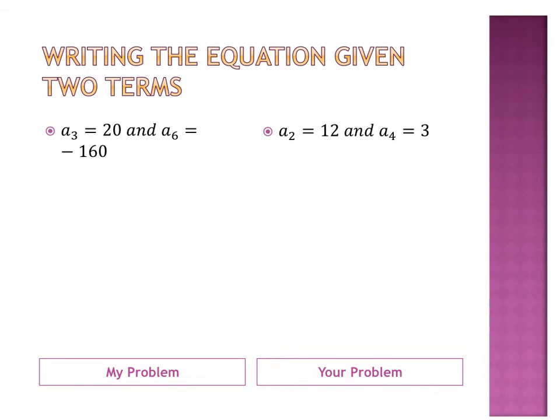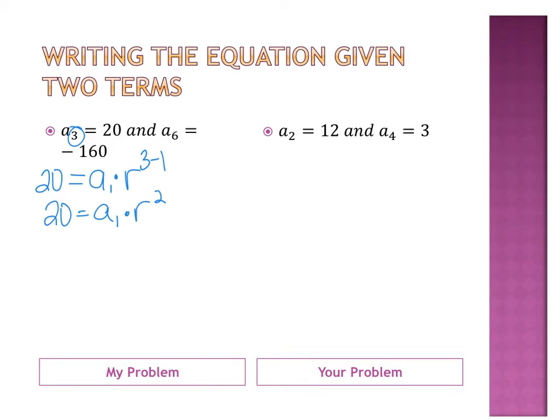Can I write my first equation? 20 equals a1 times r to the 3 minus 1, which I can simplify as 20 equals a1 times r squared. The n is the subscript when it tells you what term it is, and the an, the term, is actually 20.